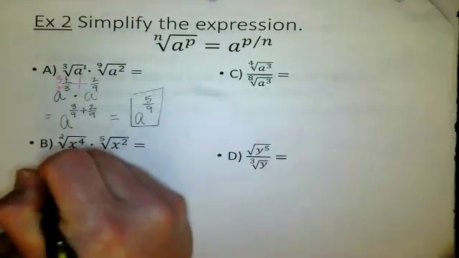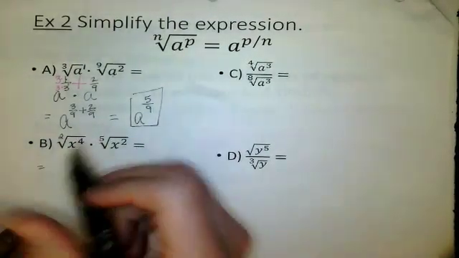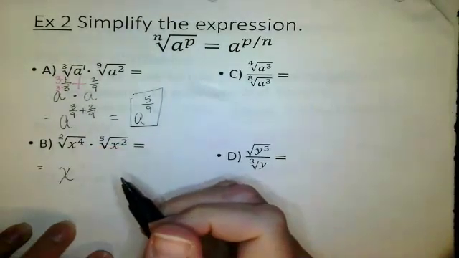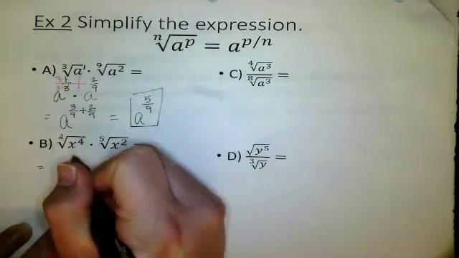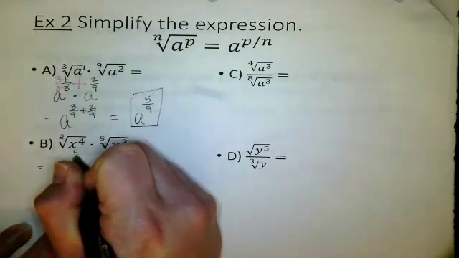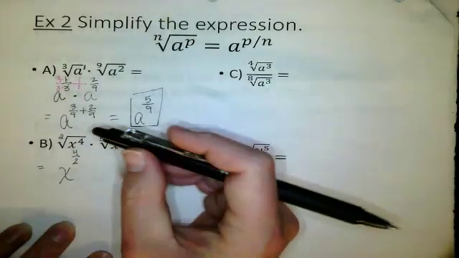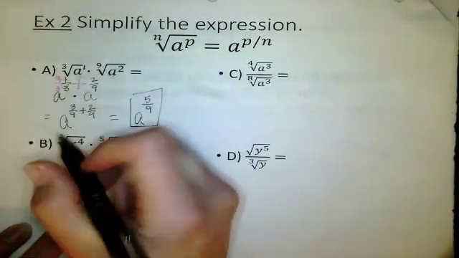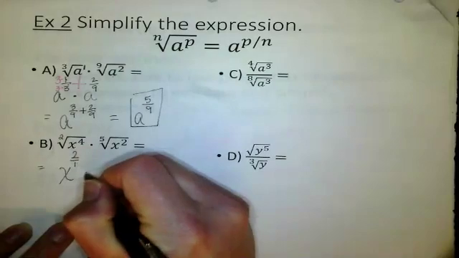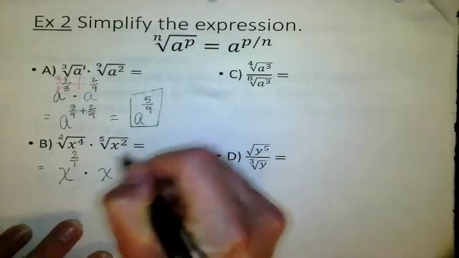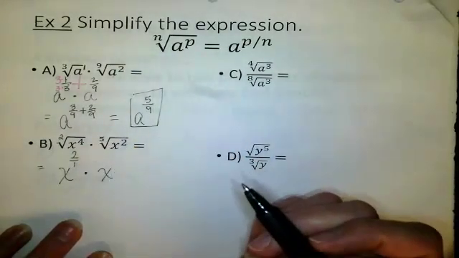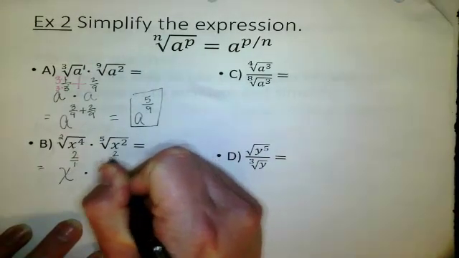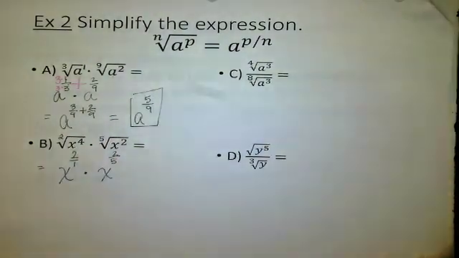So I can rewrite the square root of x to the 4th as x to what power? 2. Yeah, it would be 4 over 2, but that reduces. What is 4 divided by 2? Just 2. And I'm going to leave it 2 over 1. Times x to the, what can I rewrite this radical as? Power over index, 2 over 5.